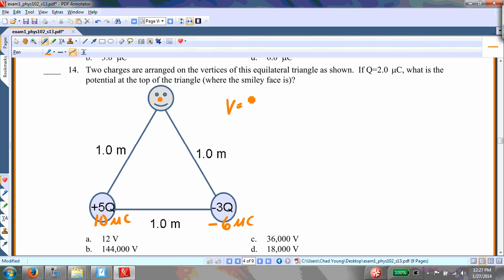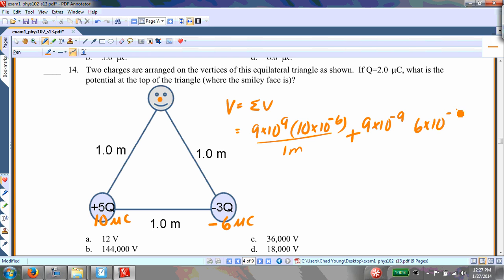So that potential is going to be the sum of the individual potentials, which is going to be KQ over R. It's 9 times 10 to the 9, times 10 times 10 to the minus 6 coulombs, divided by 1 meter, plus 9 times 10 to the 9, times 6 times 10 to the minus 6.